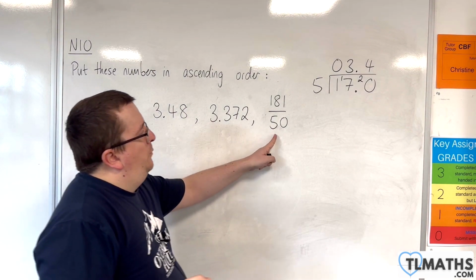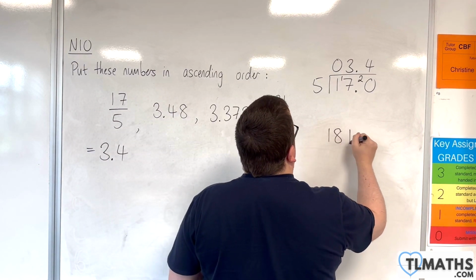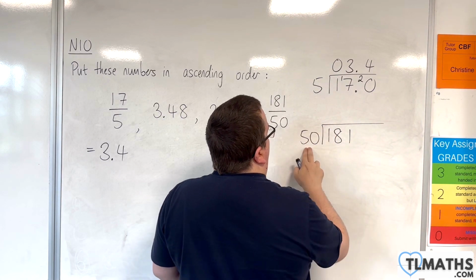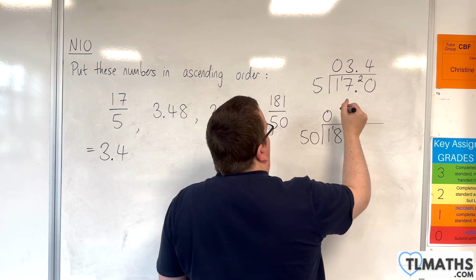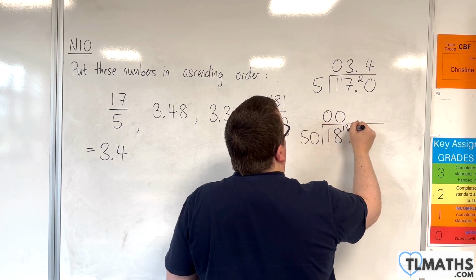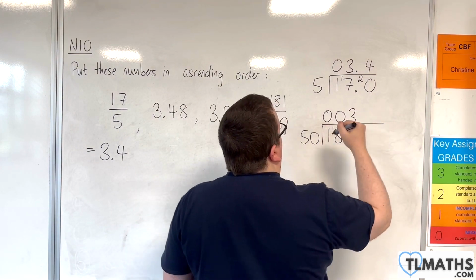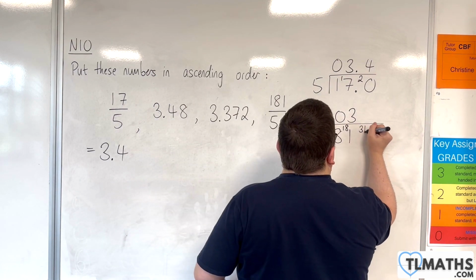Right. Last one then is the 181 over 50. So 181 divided by 50. Now 50s into 1 goes 0 with 1 remainder. 50s into 18 goes 0 with 18 remainder. 50s into 181 go 3. 3 50s are 150 with 31 remainder.